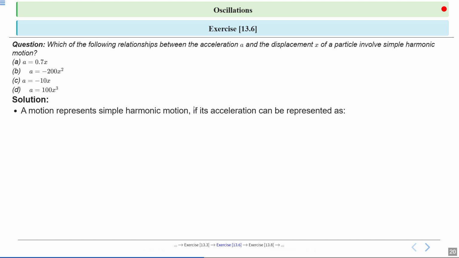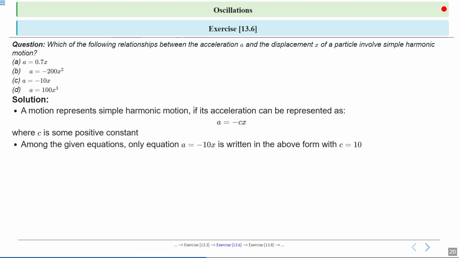A motion represents simple harmonic motion if its acceleration can be represented as a equal to minus cx, where c is some positive constant. Alright, and the negative sign is crucial. It shows that acceleration always acts to restore the particle toward the equilibrium position.